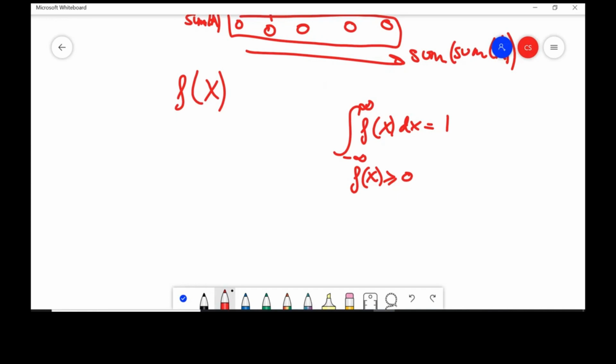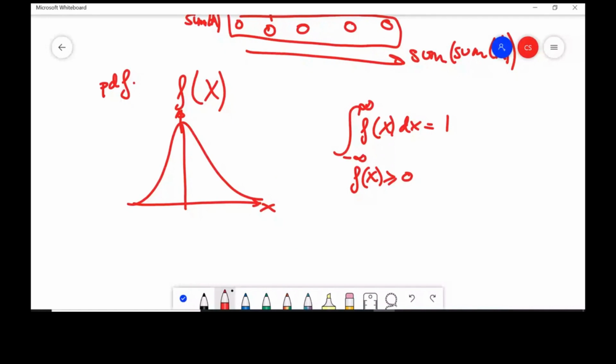Let's say that x is, for instance, a Gaussian. This is x, and this is f of x. And this is the probability density function.